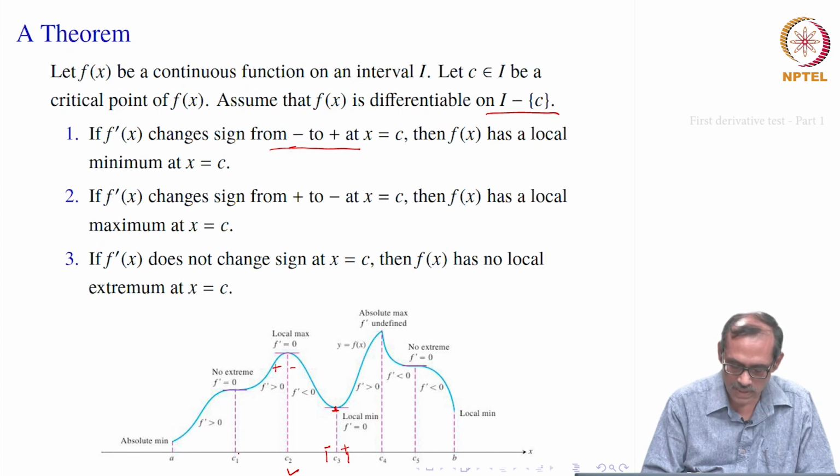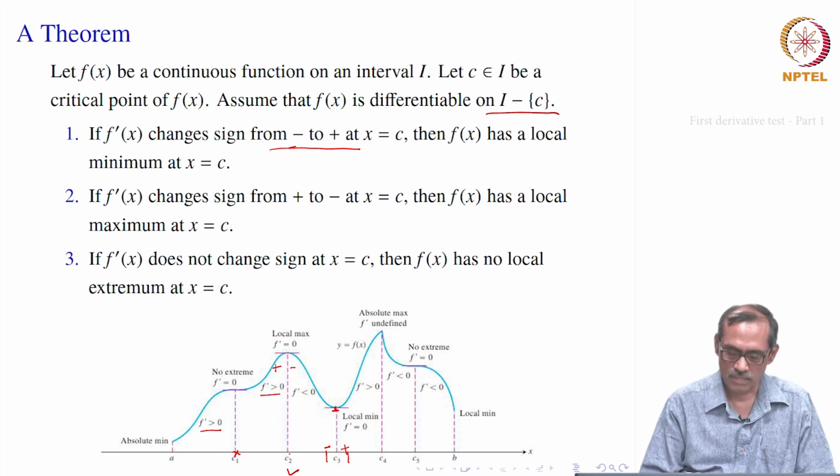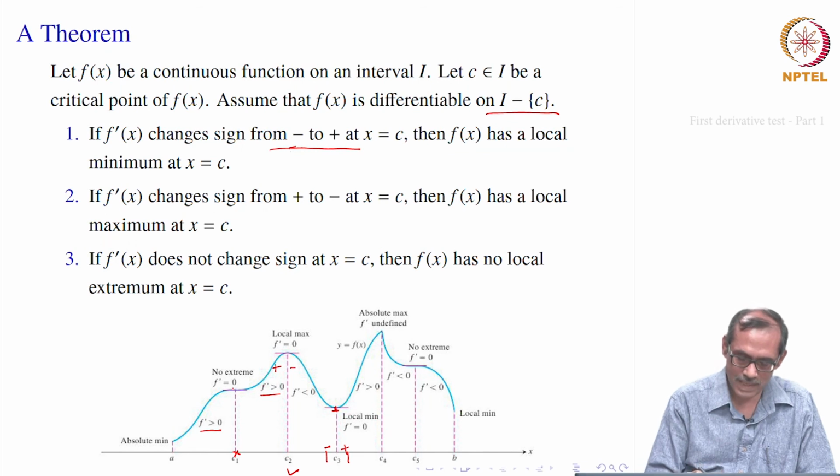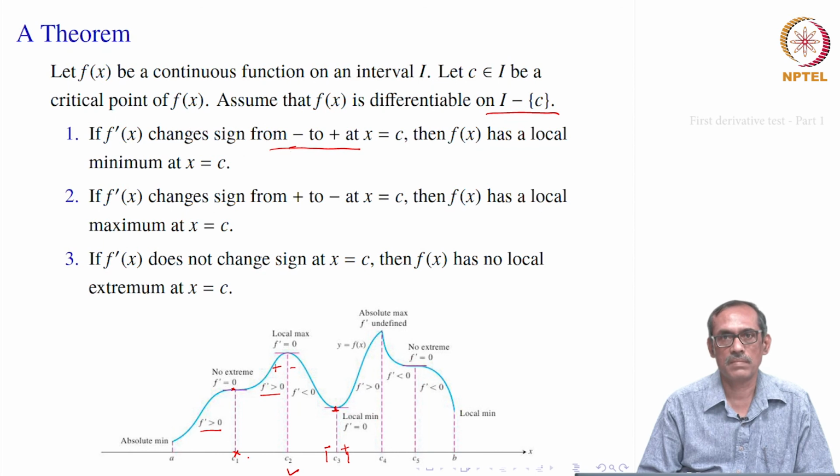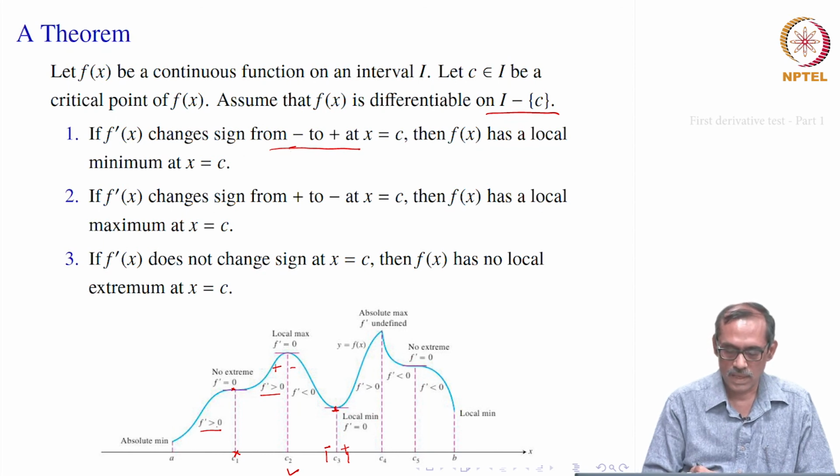So, it is possible, let us look at c1, f prime is greater than 0 before it, f prime is greater than 0 also after it. So, at that point there is no local extremum, fine, because otherwise on the right side at least it should have decreased, then it is a maximum, but it is not.